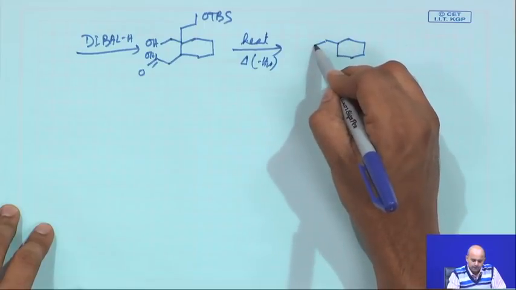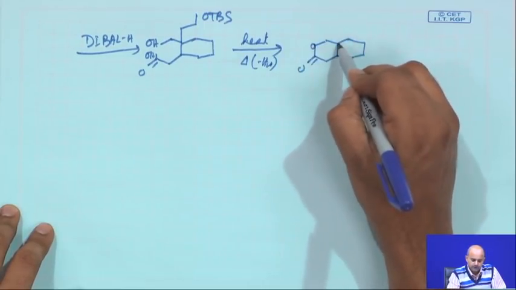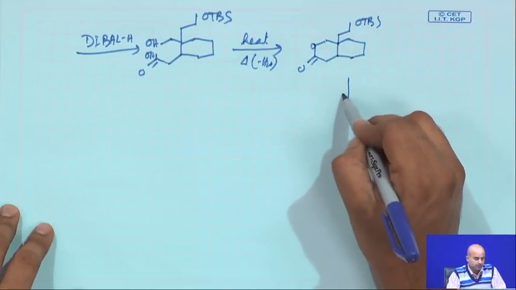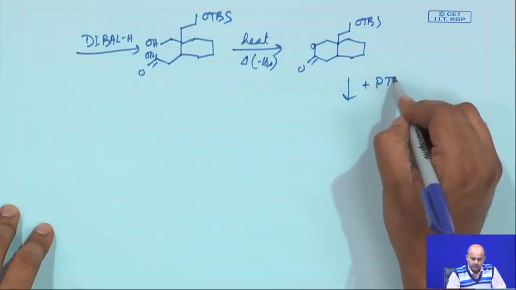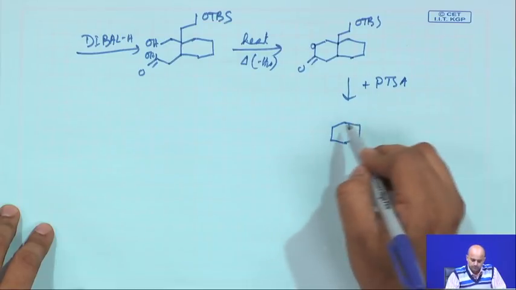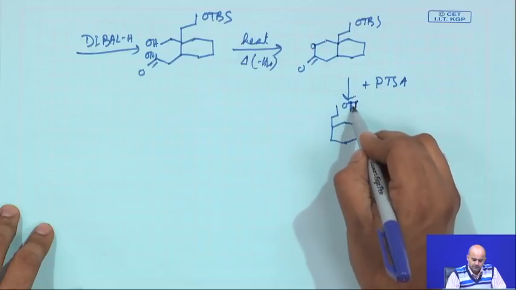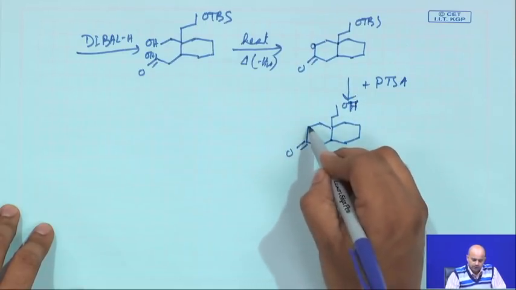This TBS group can now be removed by PTSA treatment, para-toluene sulfonic acid, which will lead you to this OH and then your desired lactone.